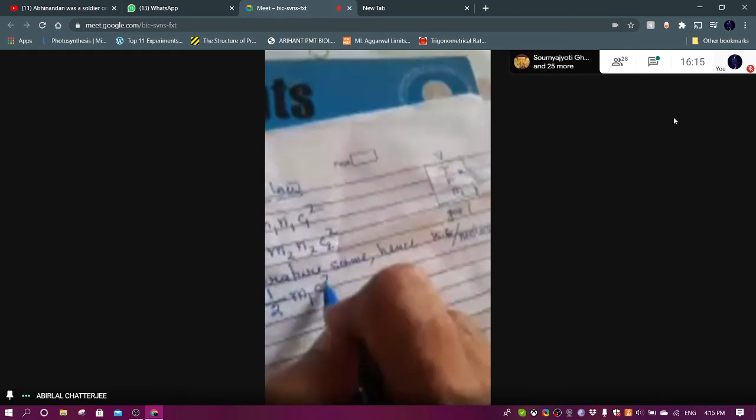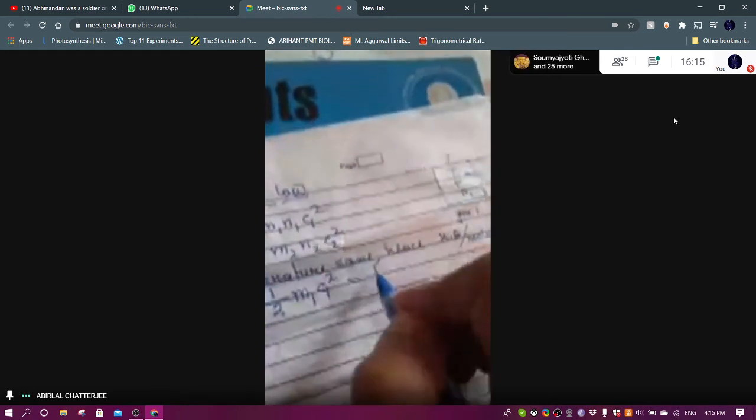Hence, I can write it down. That means half, first gas, M1C1 square. Is it okay?